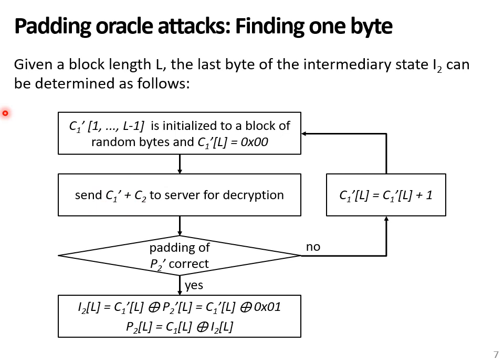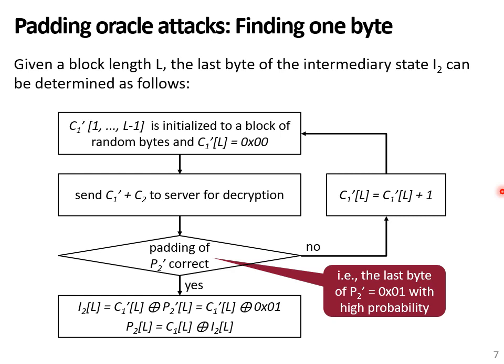C1- is created by the attacker and can be initialized to some random bytes. However, the attacker will set the last byte to the value 00. Then C1- and C2 are sent to the web server, and the web server will try to decrypt this very short message consisting of 2 blocks. Since C2 is the last block in this message, the web server will check whether or not C2 contains valid padding.